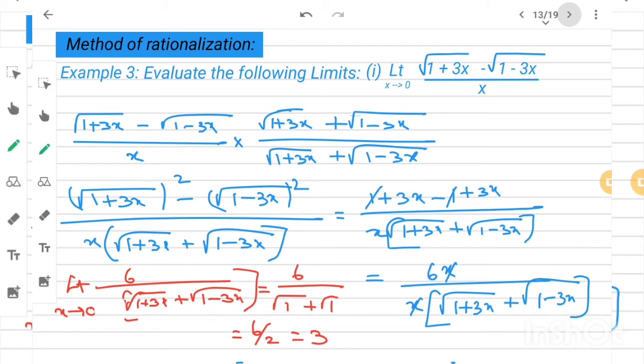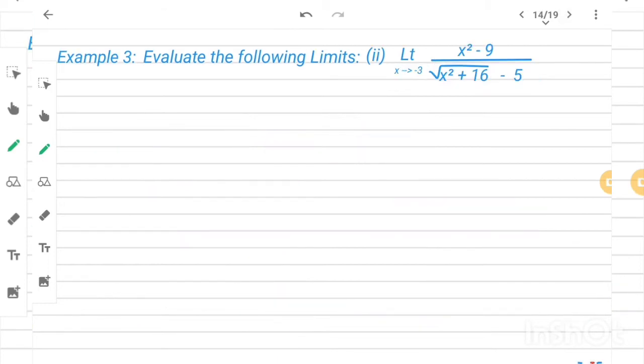Okay, second subdivision, x square minus 9. In the denominator we are having the rationalizing term, right? So we need to rationalize root of x square plus 16 minus 5. So what will happen? x square minus 9 whole divided by root of x square plus 16 minus 5.